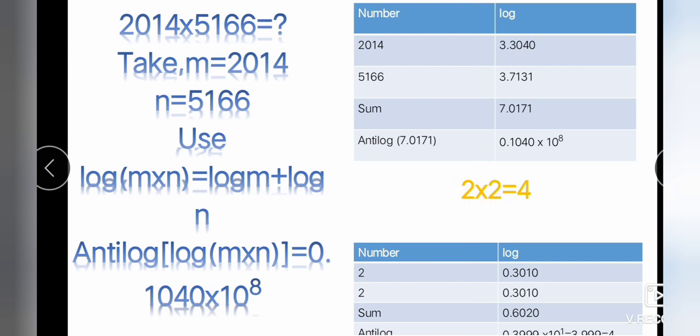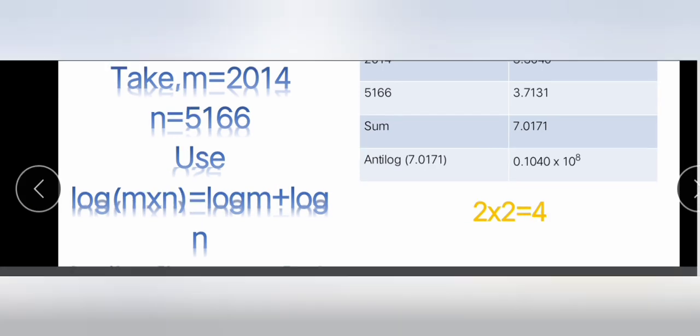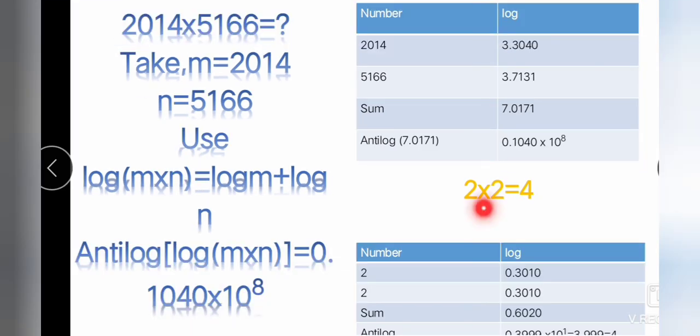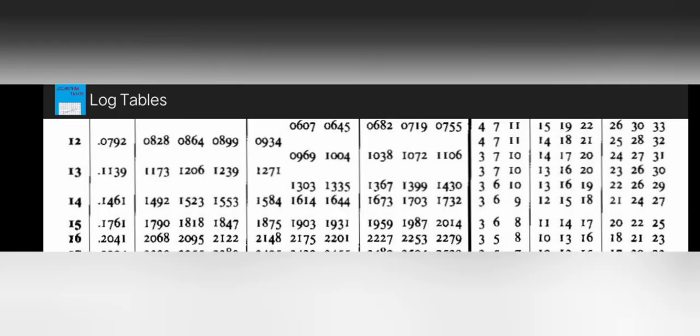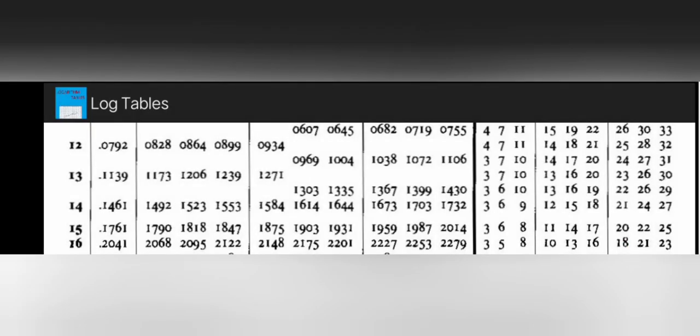This number we have to consider as 2.0000, and look at the value of log of 2.0000. Look at the row of 20.